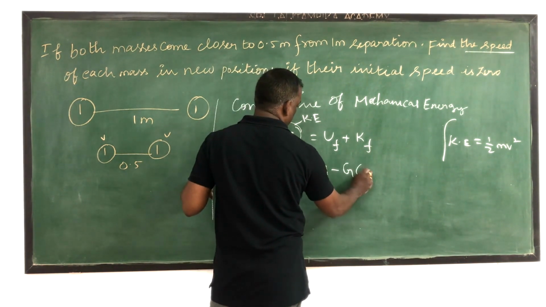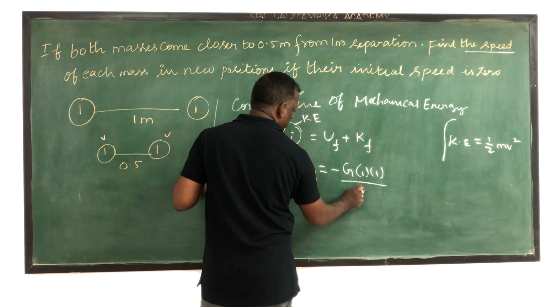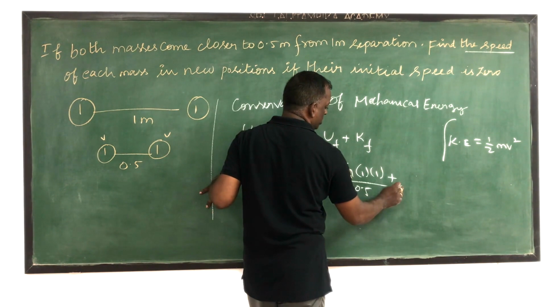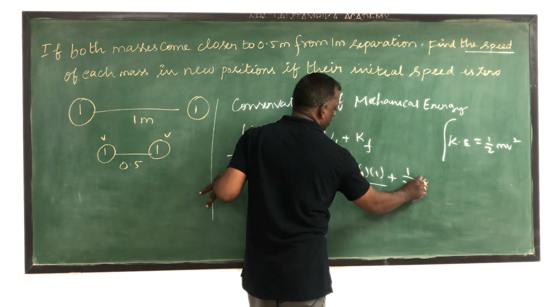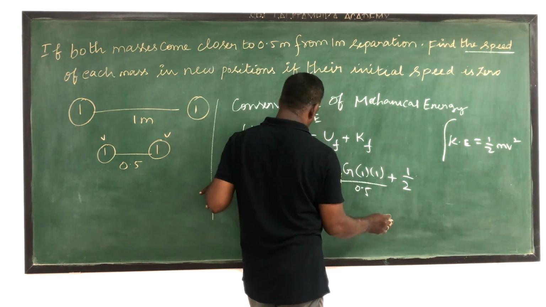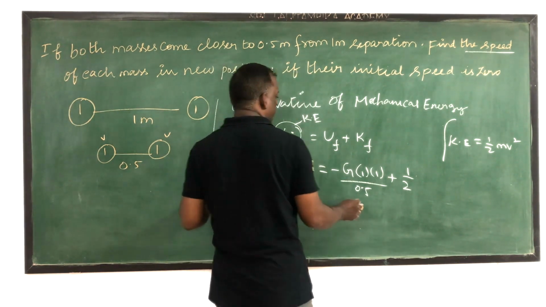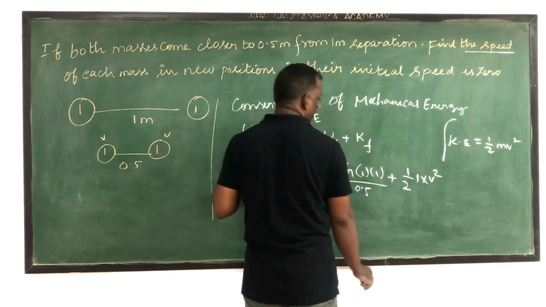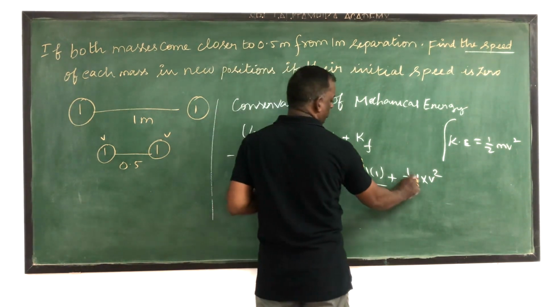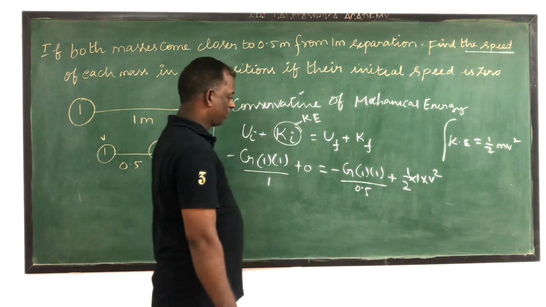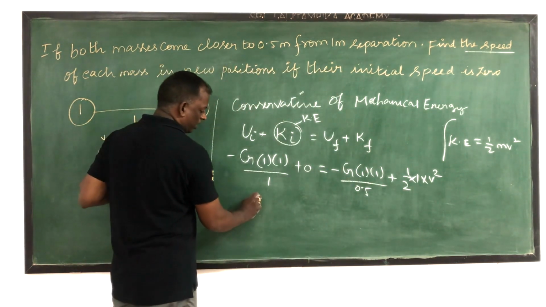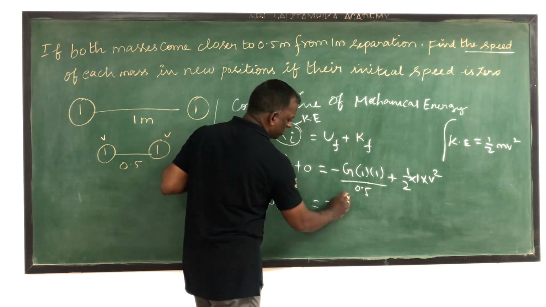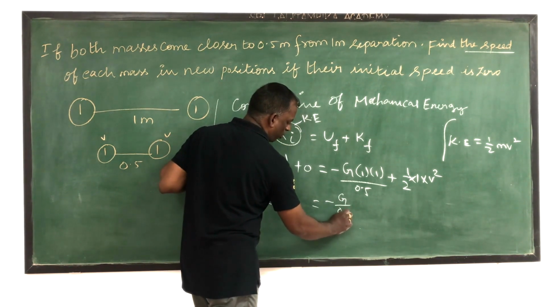Minus G into 1 into 1 divided by the separation 0.5. The final kinetic energy is half mv square, with mass 1, so half into 1 into v square. Solving, minus G is equal to minus G by 0.5.